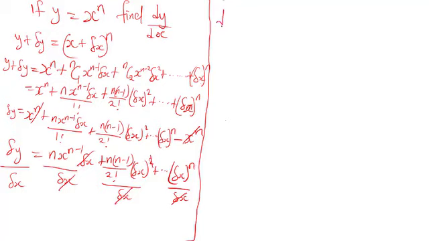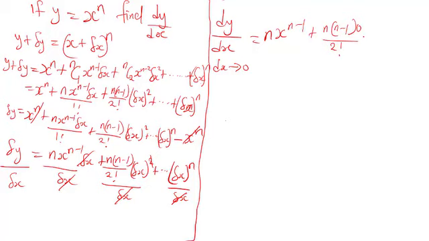So we now have dy/dx as delta x tends to 0 equal to n x to the power n minus 1, plus n minus 1 times 0 over 2 factorial, plus up to 0 raised to power n minus 1. So we have n x to the power n minus 1 plus 0 times everything here is 0, plus 0 times everything here is 0.